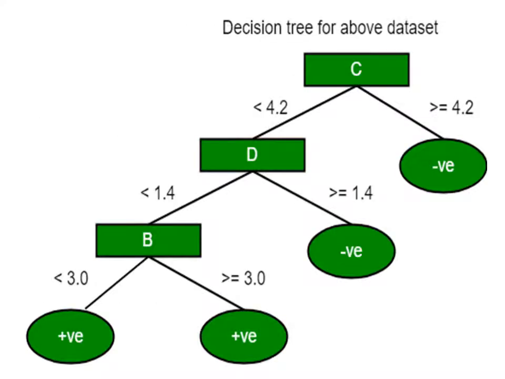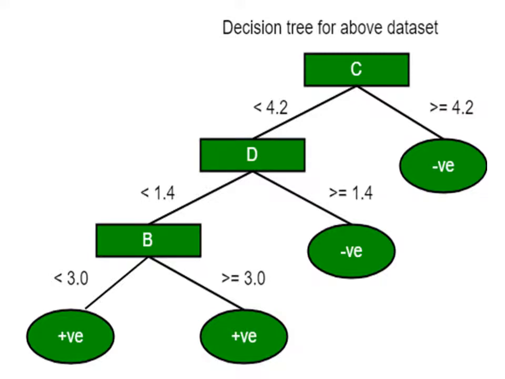So in this tree, this is how we have obtained the tree. First we have to find out which should be the root node. Among all the 4 values, C holds the minimum Gini index value, so C should be the root node. Similarly, we have to find out the Gini index for all the remaining variables.